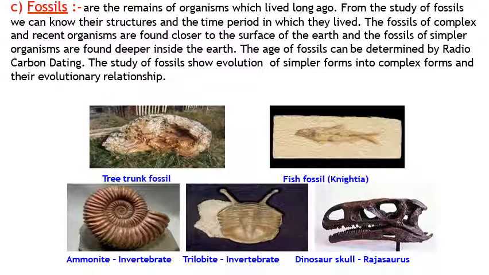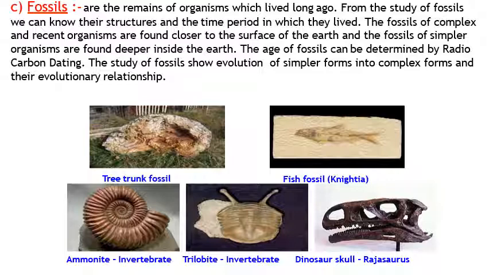Third evidence is fossils. These are the remains of organisms which lived long ago. From the study of fossils, we can know their structures and the time period in which they lived. The fossils of complex and recent organisms are found closer to the surface of the earth, and the fossils of simpler organisms are found deeper inside the earth.